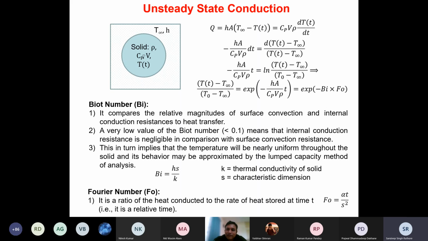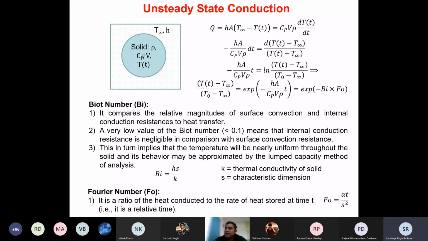The temperature will start to rise. The temperature of this solid is going to vary, and eventually, if you give sufficient time, equilibrium will be reached. But if I ask you what happens to the temperature at the solid surface here and the temperature here at the center, what happens to that?